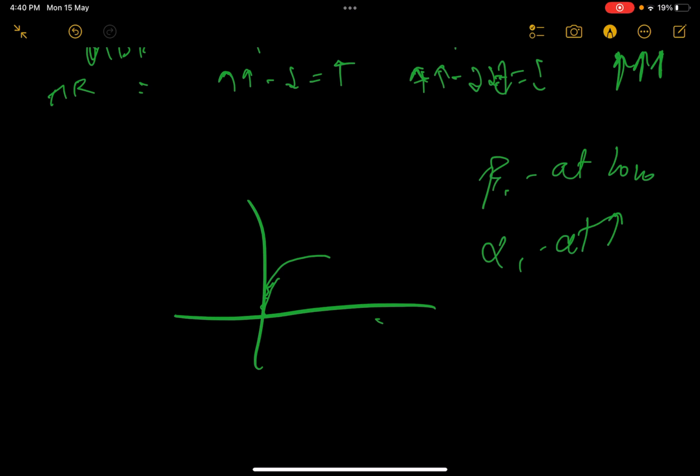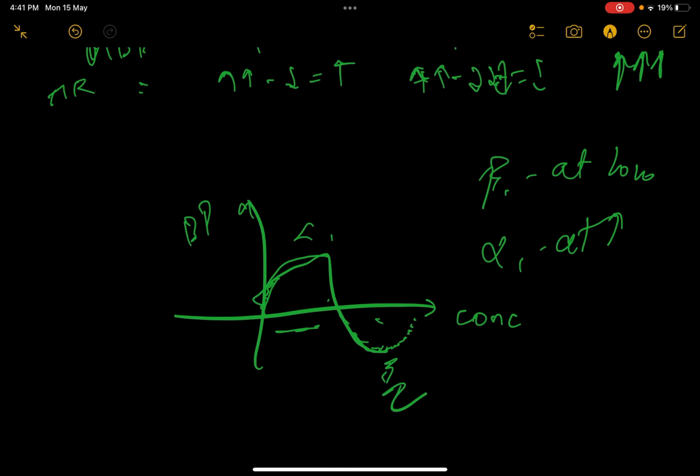So what happens is that when you infuse epinephrine, you're infusing it at a higher concentration. Because of that, your alpha 1 is going to increase and your blood pressure is going to increase. But when the concentration falls, this x-axis is the concentration, and as the concentration falls, you can see that your beta 2 is going to fire at lower concentrations. So that is one important parameter that should be taken care of.